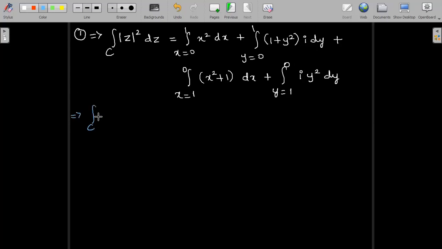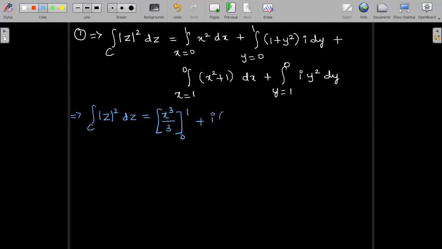Integration over C of |z|² dz is equal to integration of x² is x³ divided by 3, between the limits 0 to 1, plus i is a constant. Here we have i, no? This I can write outside the integration. Integration of (1 plus y²) I have to perform.